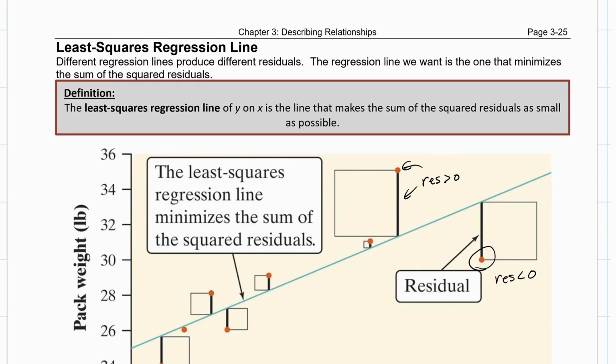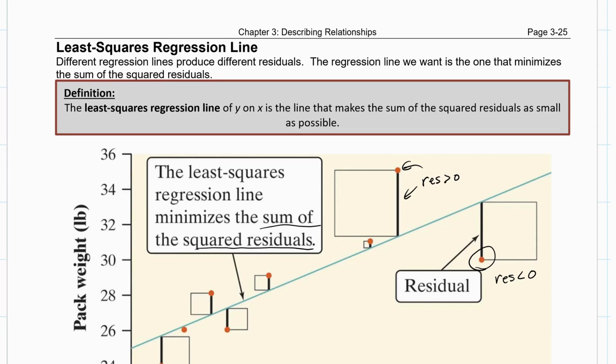So in order to make it so that when we do something with the residuals, the error of the prediction, when we add up everything, we don't get a 0, the experts have decided that the best way is to square the residuals and then add them up.